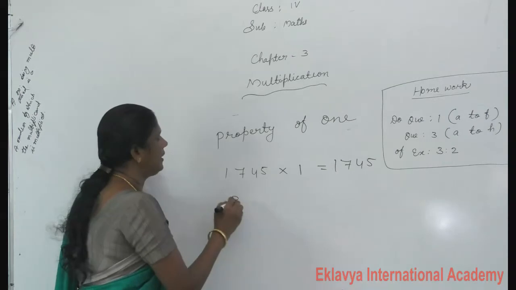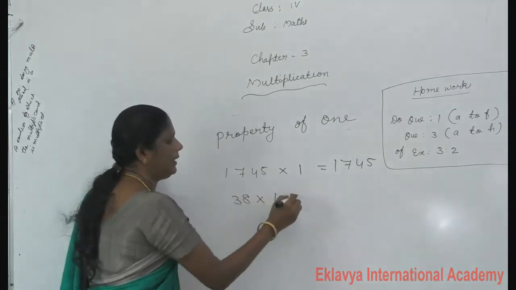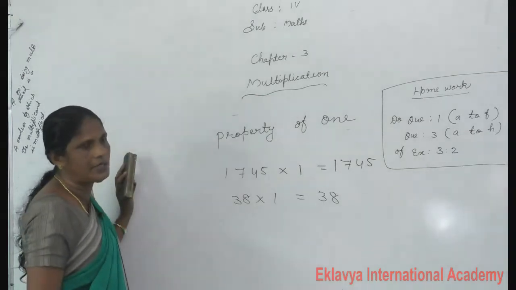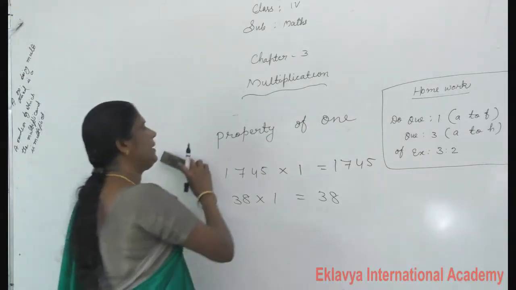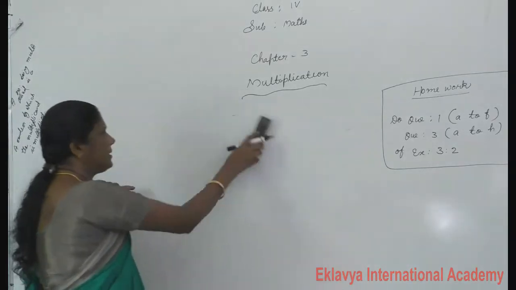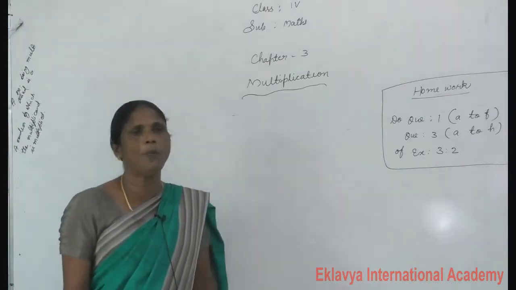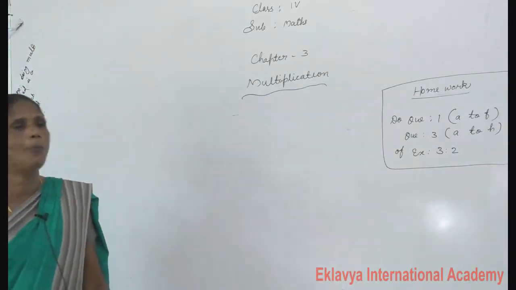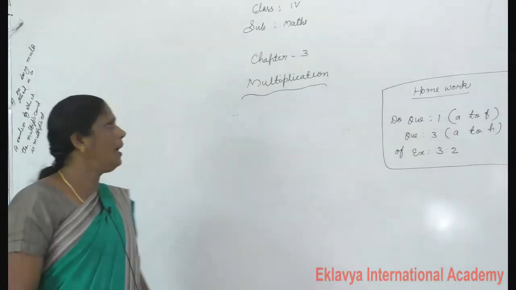Understand? 38 multiplied by 1, the answer is 38. What are the properties? Again, repeat. First, ordering property. Second, grouping property. Third, zero property. Then property of 1.